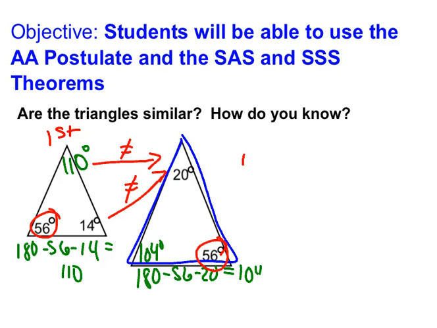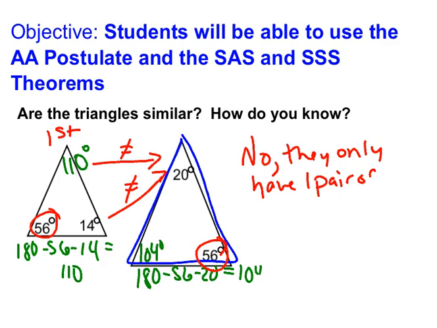So are they similar? No. Our reasoning is that they only have one pair of congruent angles. You need to have three pairs of congruent angles to be similar.